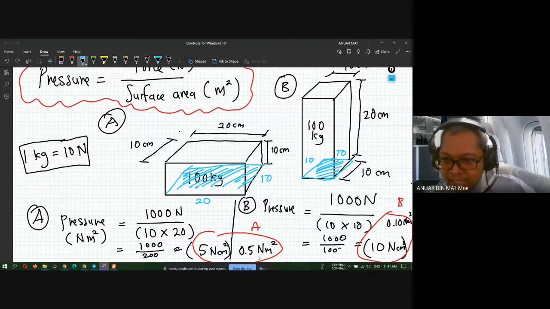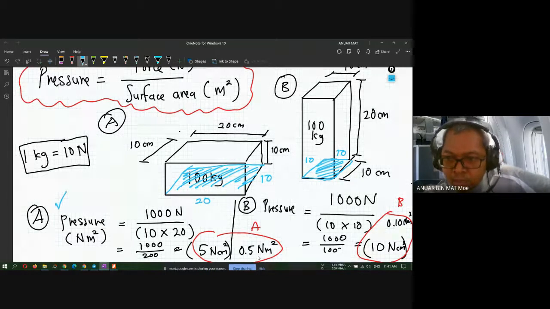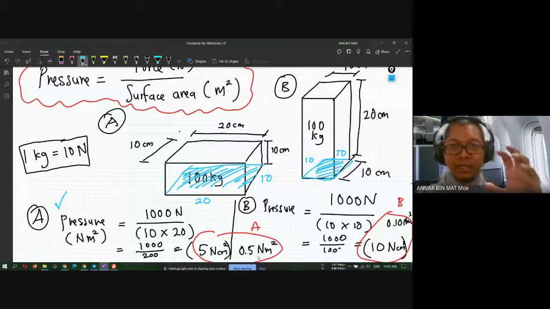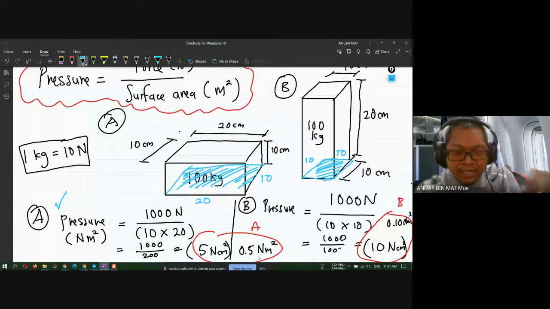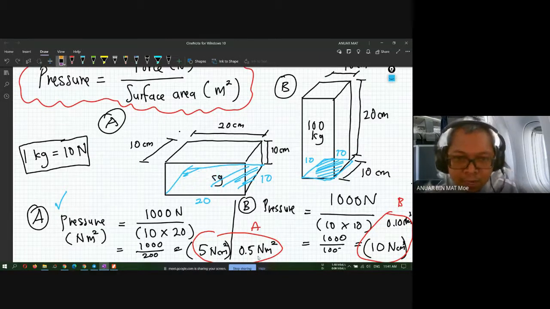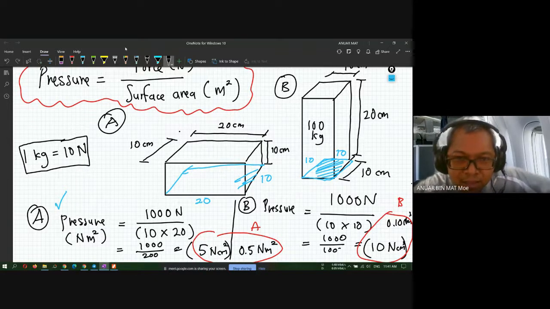You want to make the pressure on A also 10 Newton per centimeter square. You must increase it to how many? 200 kilogram.